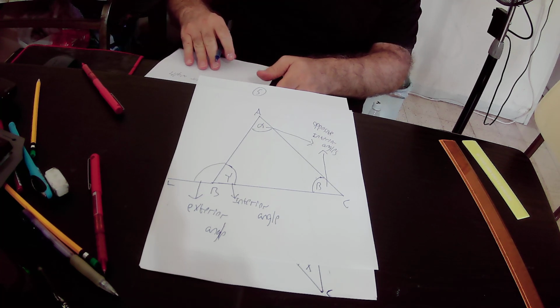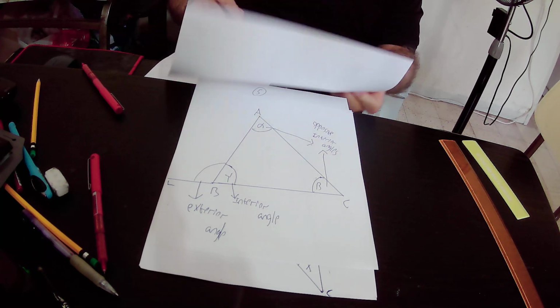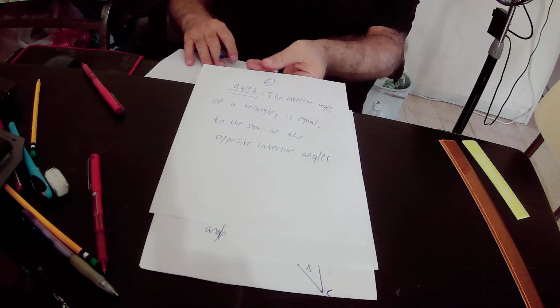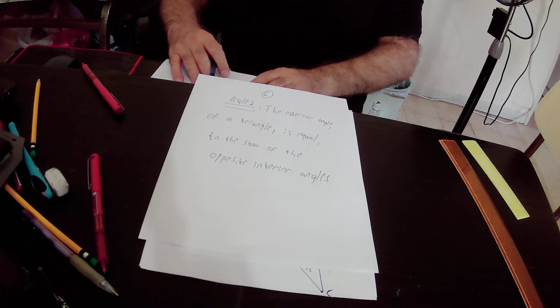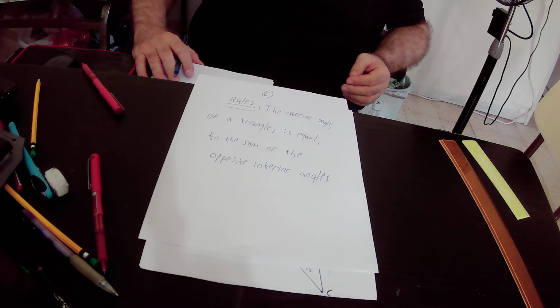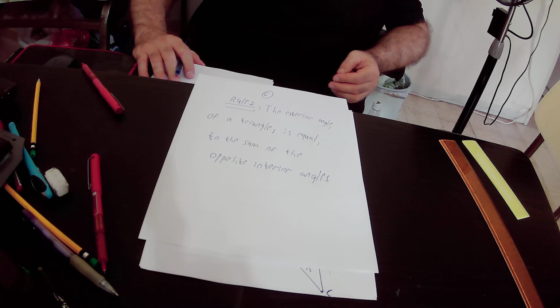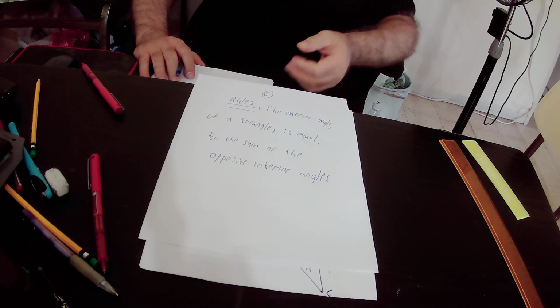So I will read rule number 2 again. Rule number 2 states that the exterior angle of a triangle is equal to the sum of the opposite interior angles.